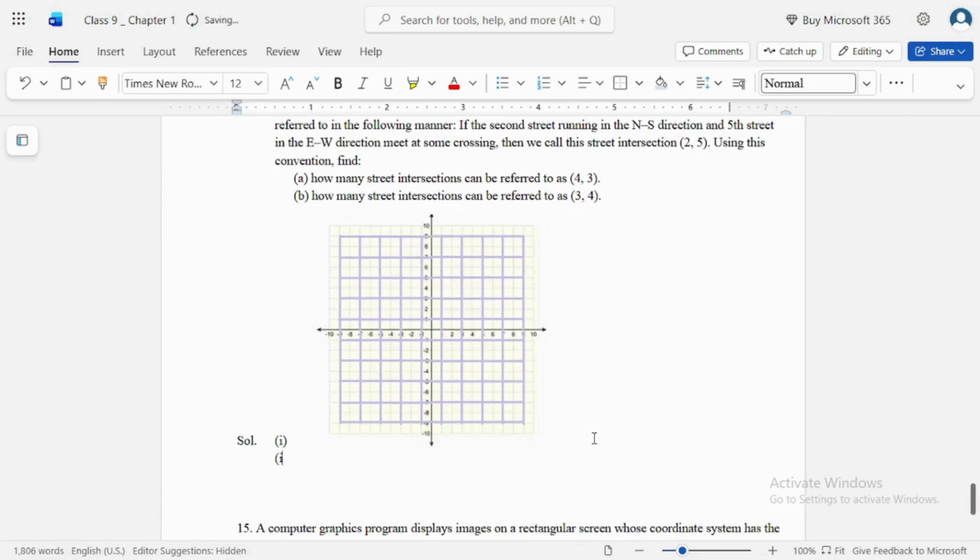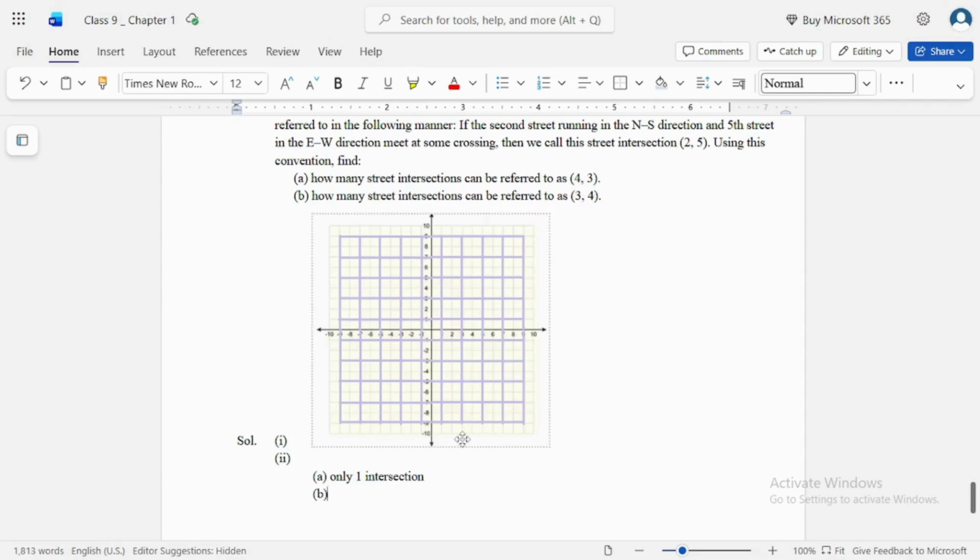So the answer to second part A is only one intersection. Similarly, for B, referred to as 3-4, it means the third street running in the north-south direction and the fourth street running in the east-west direction. This will also be only one intersection.